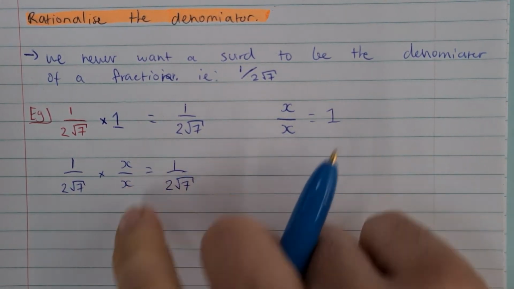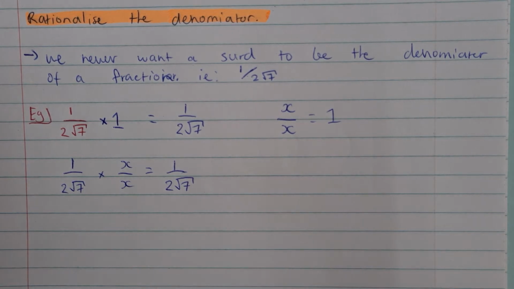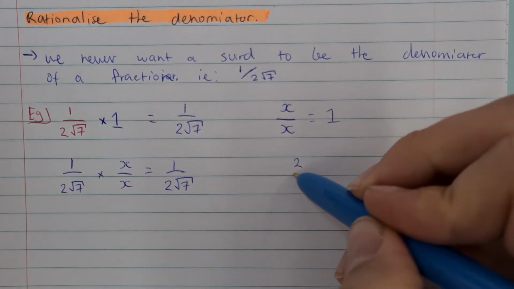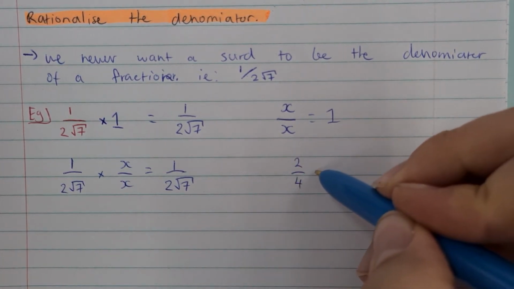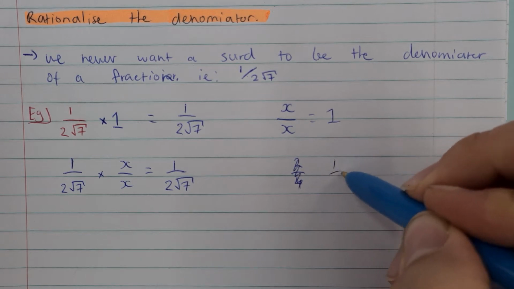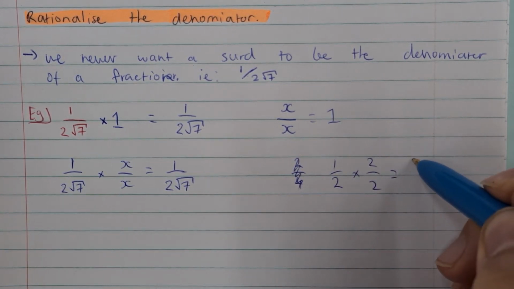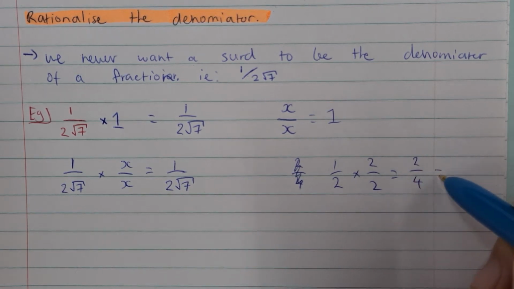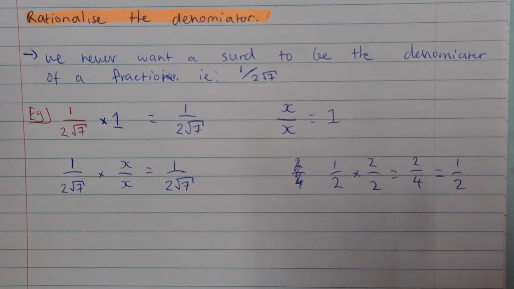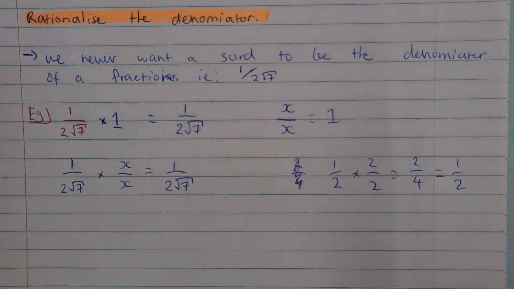So I can choose x to be any number, and I'm not actually going to change the fraction. So similar to simplifying fractions, say, 1 over 2, if I multiply it by 2 over 2, it becomes 2 over 4, which we know is the same as 1 over 2. So we're just looking at how to change or simplify this fraction.